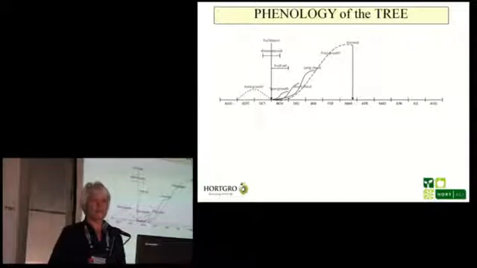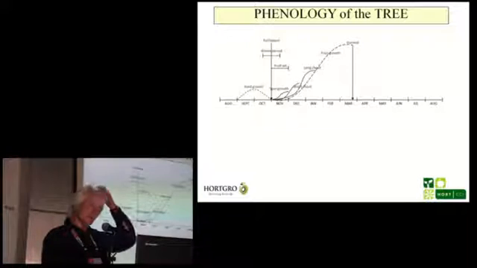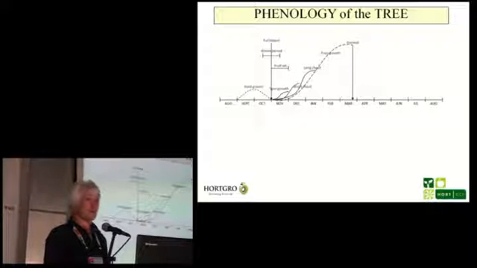Okay, then also we need root growth, and this is a simplification. I know Dr. Lotze has done a lot of research recently that shows that maybe our understanding of when root growth is taking place is not quite correct. But according to the literature, in any case, there's a bit of root growth taking place early on in spring, before actual bud break, during the period from bud swell onwards.